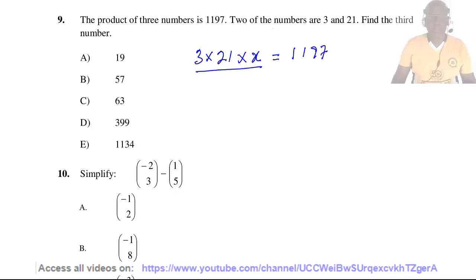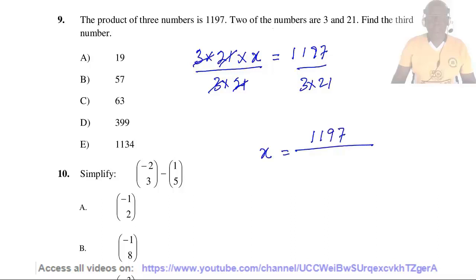Now we shall divide through by 3 times 21 and 3 times 21. This will cancel out. So we shall get x to be equal to 1197 divided by 3 times 21.